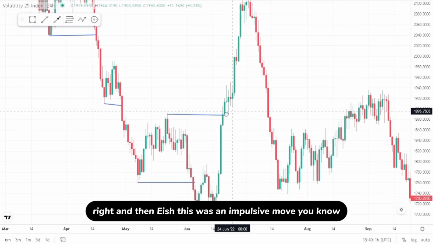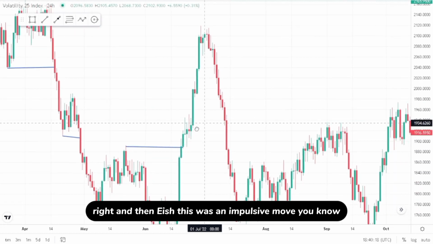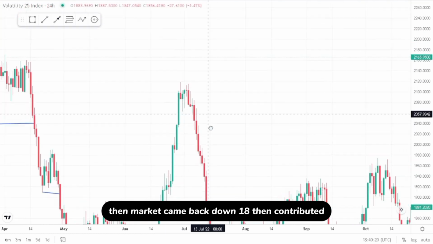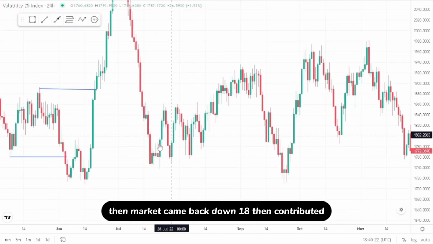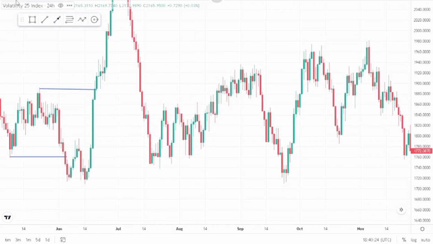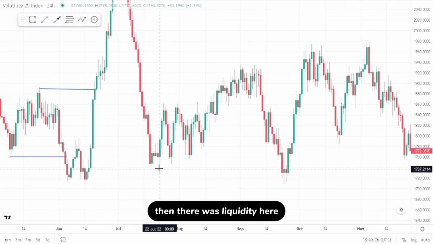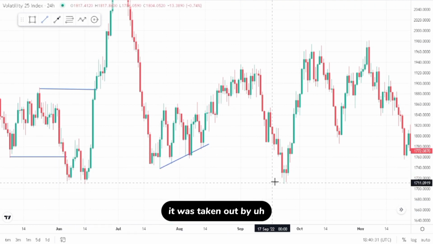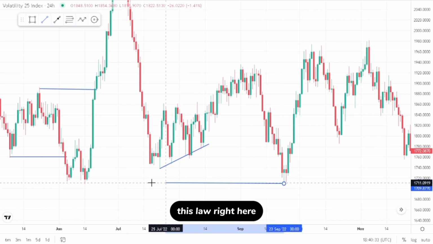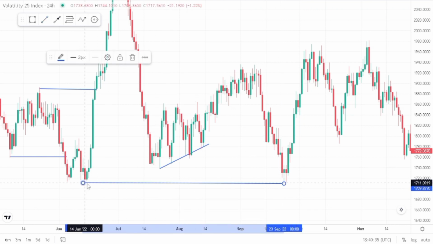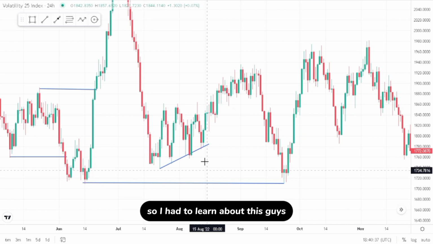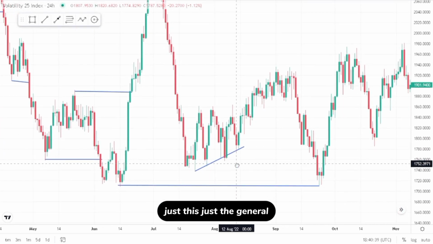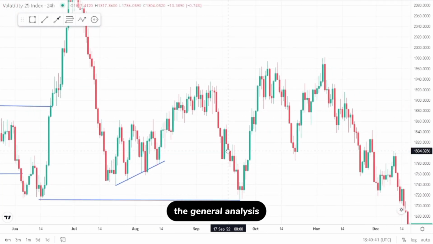And then this was an impulsive move, and then market came back down right here, and then consolidated. And then there was liquidity here, which was taken out by this low right here. So I don't know about this, guys. This is just the general analysis.